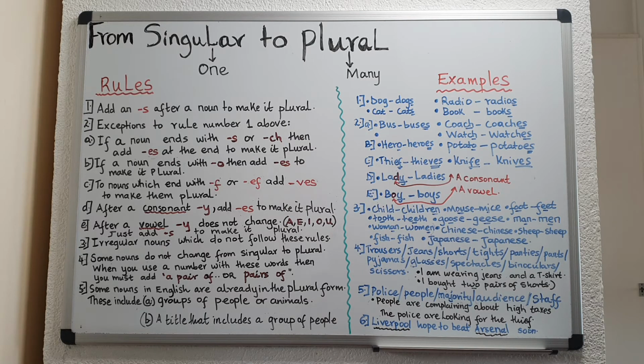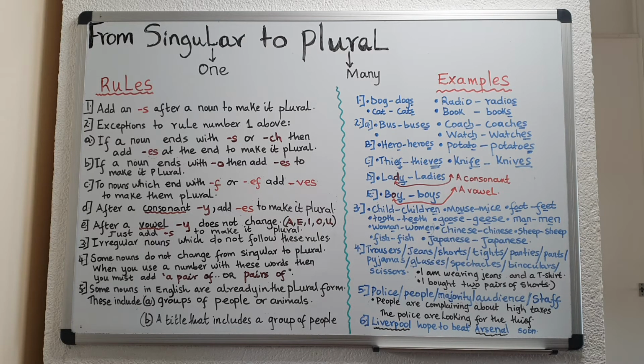Okay? And it becomes ladies. Lady becomes ladies. Okay? So we have done that because the noun lady ends with Y, and before the Y we have a consonant, which is D. So it becomes ladies.